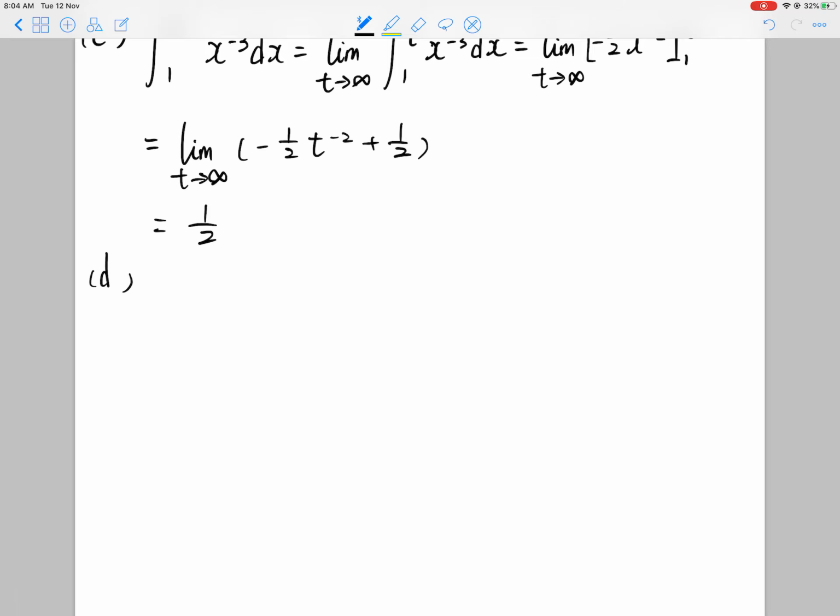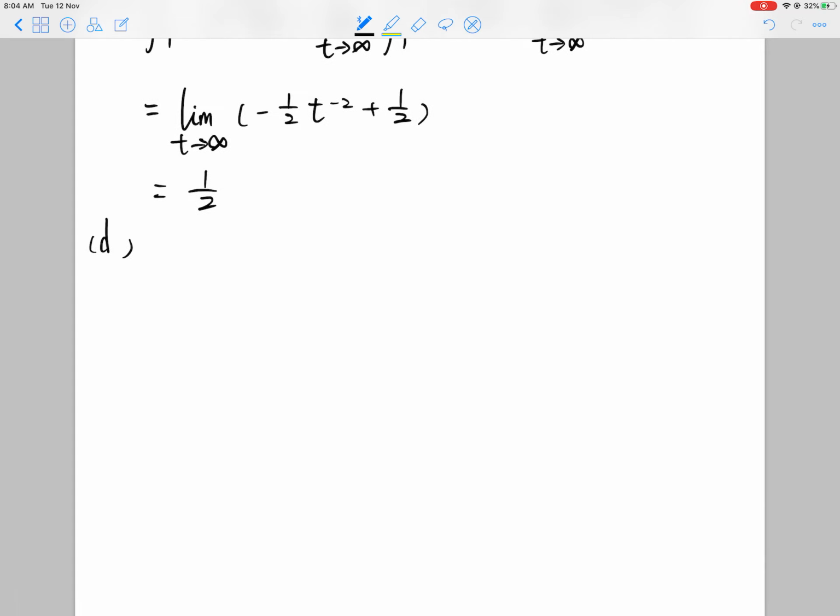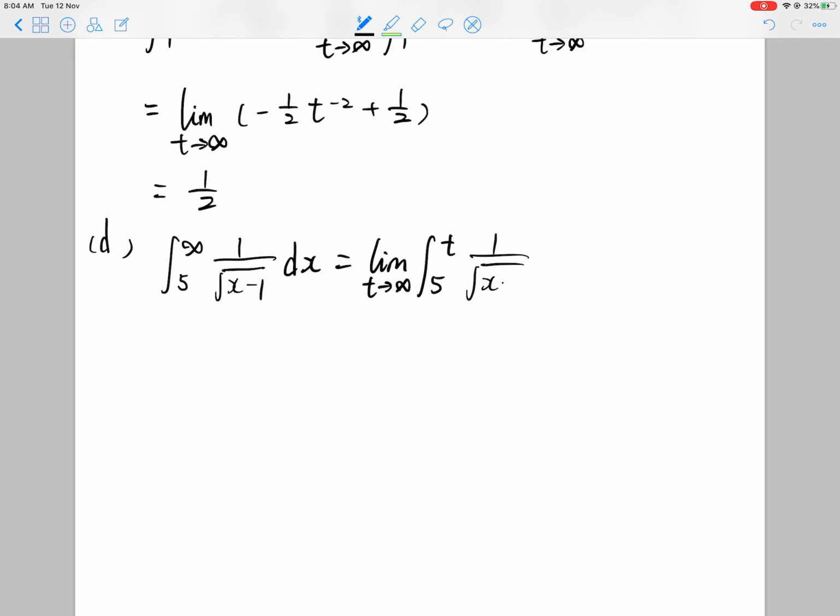Part D, from 5 to infinity, 1 over square root of x minus 1. So again, it's the limit as t approaches infinity, from 5 to t, of 1 over square root of x minus 1.